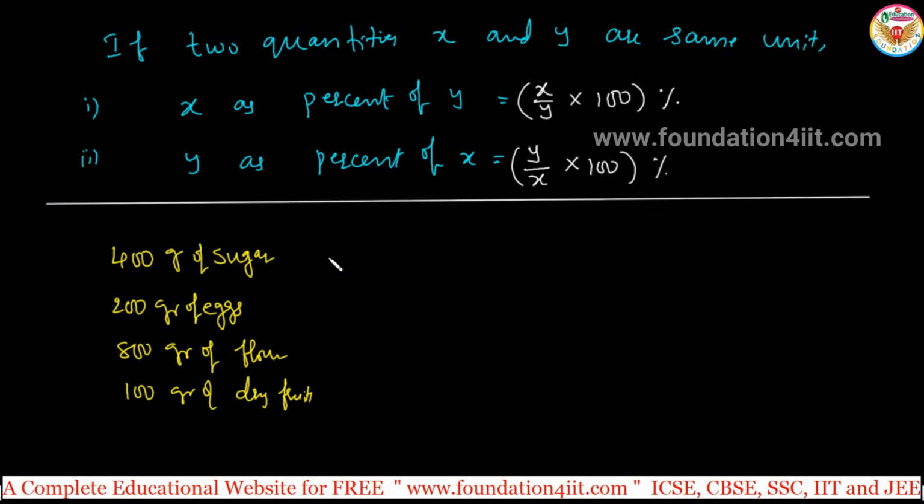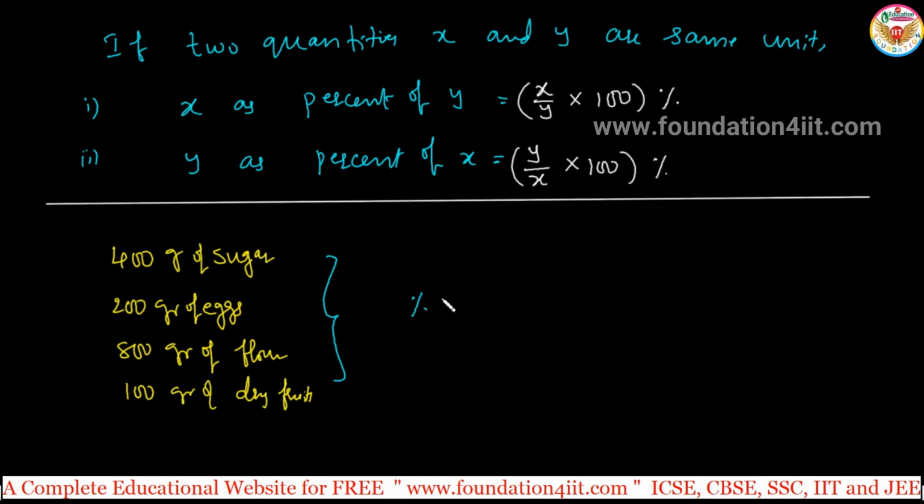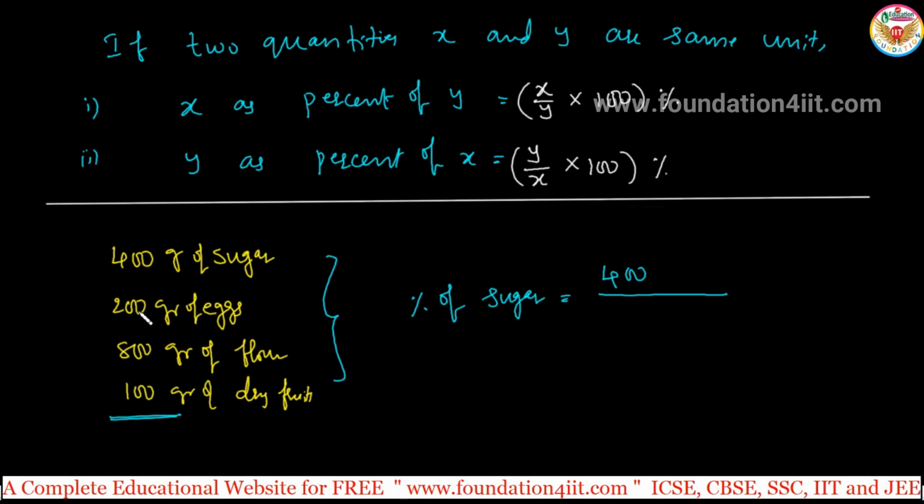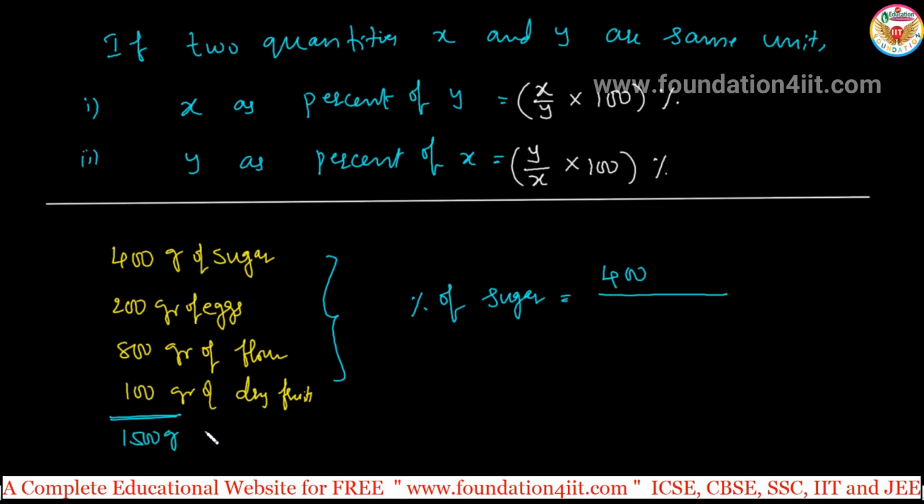So what percentage of the sugar? In this, we are supposed to find the percentage of the sugar in the whole. That means take the sugar quantity, 400, by the total quantity. So the total: if you add all of this, 400 plus 200 plus 800 plus 100, 1500 grams is the total.